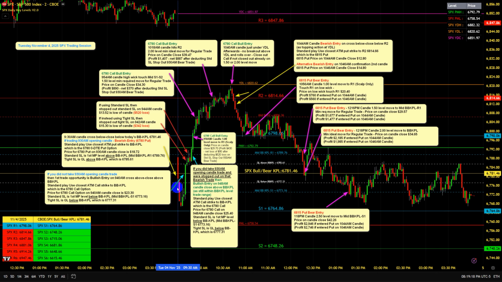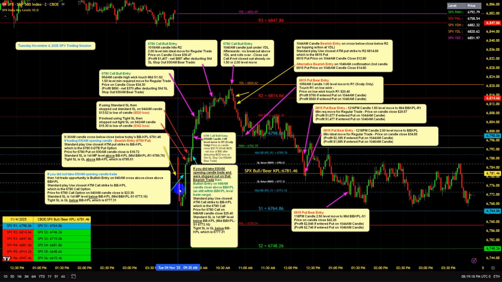Because as we see here, this is a pretty wide-ranging candle. Maybe not 20 points, but let's see, 67, 73, all the way up to maybe 60, so it's about 16 points. Still, that is a pretty wide-ranging candle.